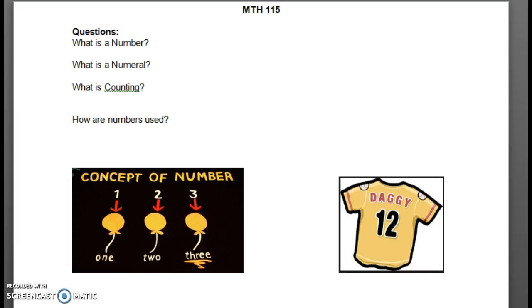So what we're going to talk about here is first numbers versus numerals. Okay, a number is an idea. So when I say the number 3, that symbol right there is a numeral. And when I say it out loud, I have a word that pronounces that numeral, and that's 3.